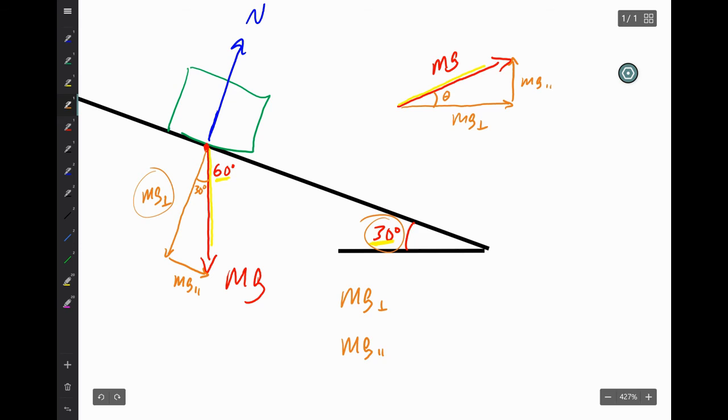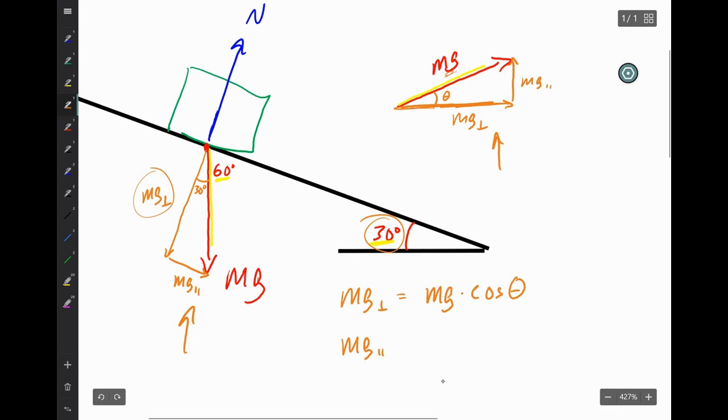Now, let's find expressions for both of them. Whether you look at this version of the triangle or this version of the triangle doesn't matter. The trigonometry is still the same. mg perpendicular is the side that is adjacent to the angle. If you think about adjacent and hypotenuse, that's cosine. So mg perpendicular is going to be the hypotenuse, mg, times the cosine of theta.